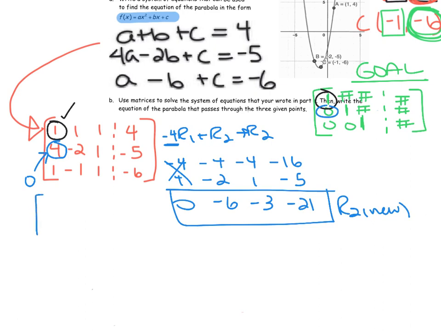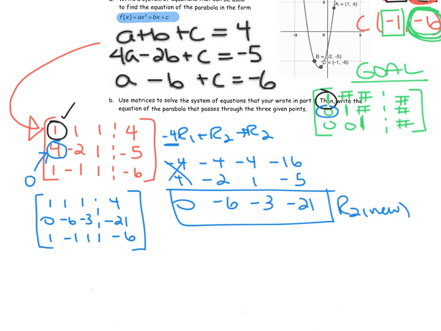Okay, so again, nothing changed about the first row. Second row now is different. So I have 0, -6, -3, and -21. I have 1, -1, 1, and -6.